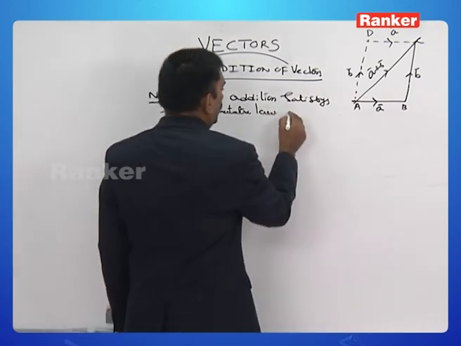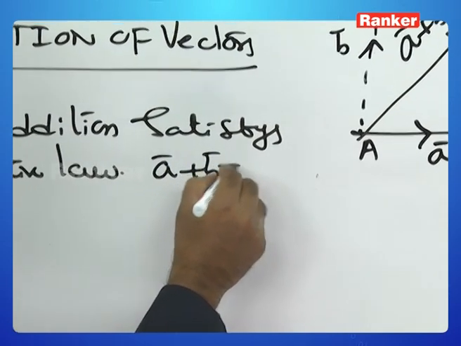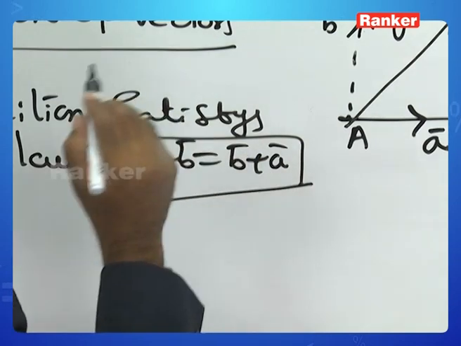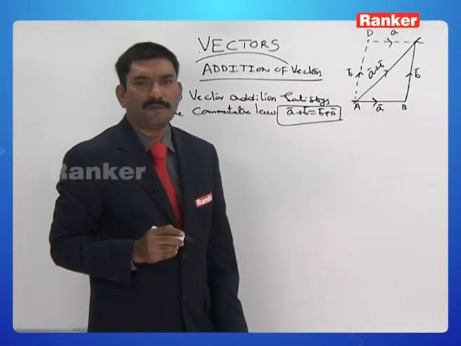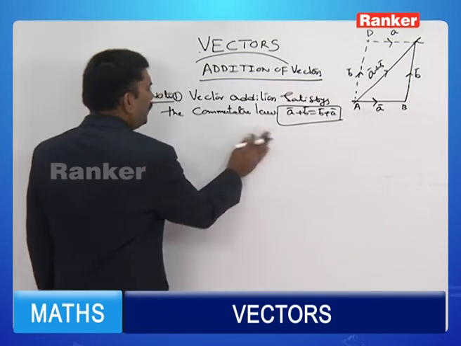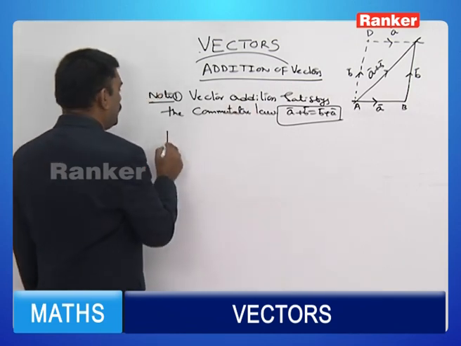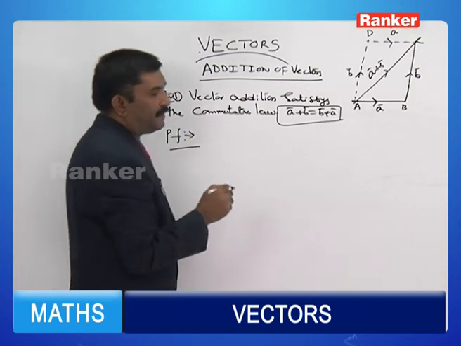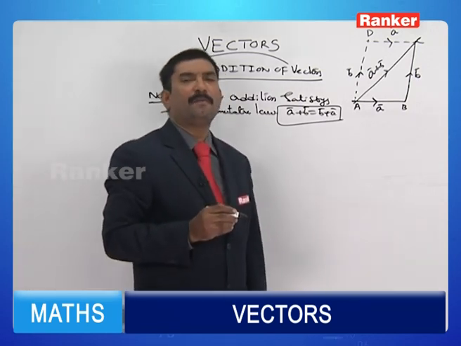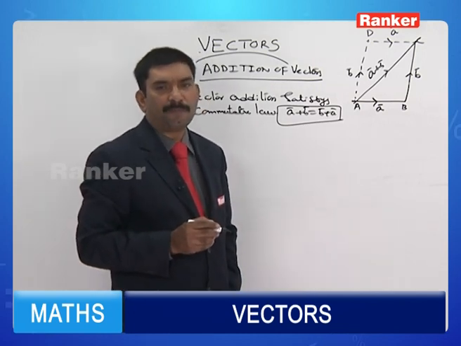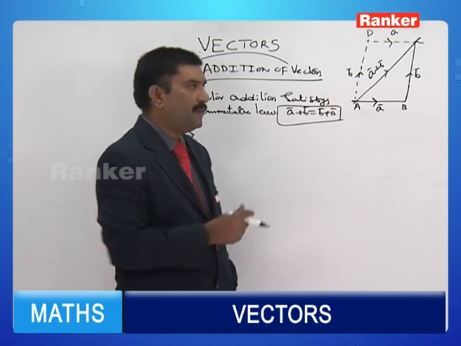That is A bar plus B bar is equal to B bar plus A bar. So therefore, now let us prove this one. It has its own advantage. Especially, you'll find more applications in geometrical applications. Geometry-oriented problems, you come across this application.